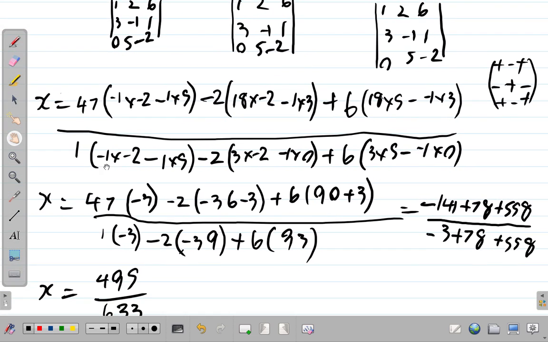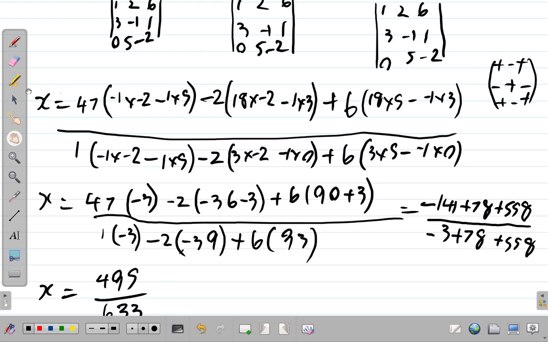Okay, so we have 47 times, and this would be 2 minus 5, which is negative 3, minus 2 times negative 36 minus 3, all right, plus 6 times 5, 8, 40, 5, 1, 5, all right, plus 3 divided by, 2 minus 5 would be negative 3, all right, minus 2 times 3 by negative 2.